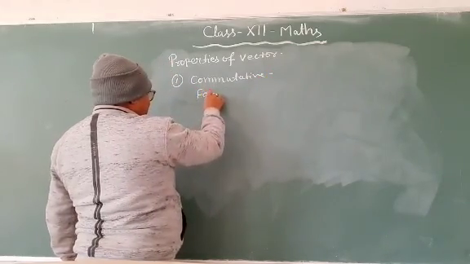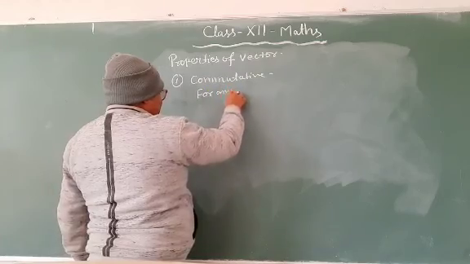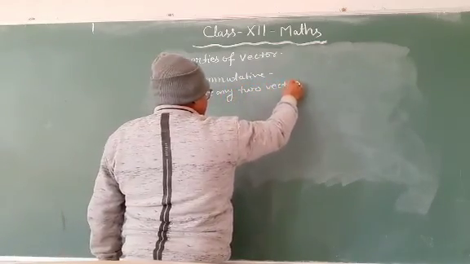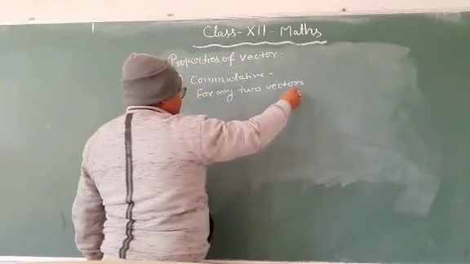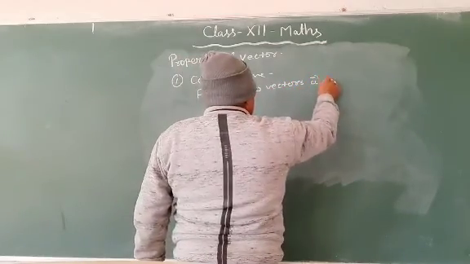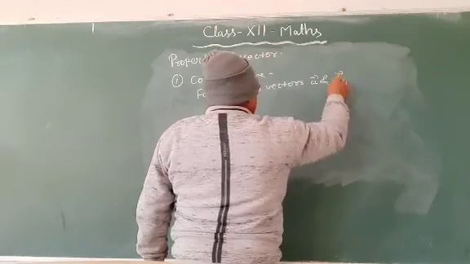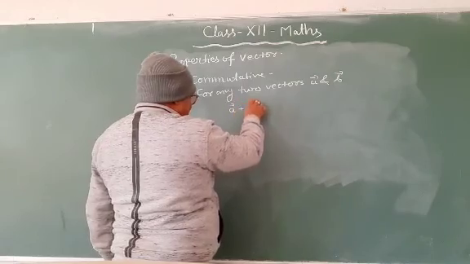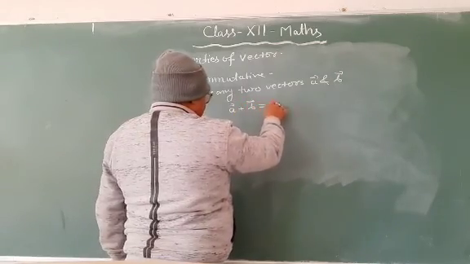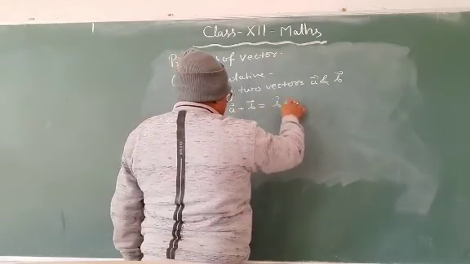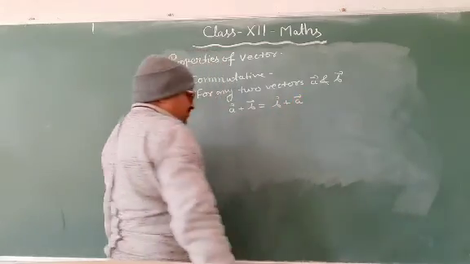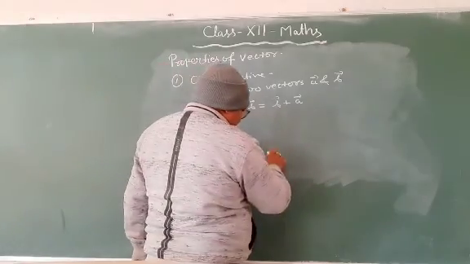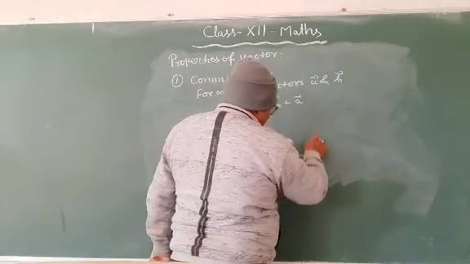For any two vectors, vector A and vector B, vector A plus vector B is equal to vector B plus vector A. We prove this with the help of the law of parallelogram.